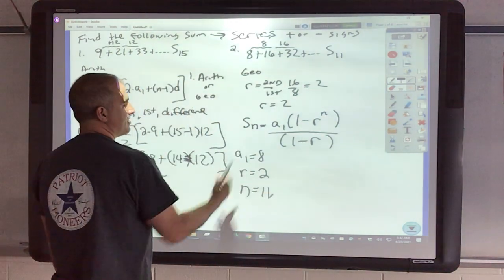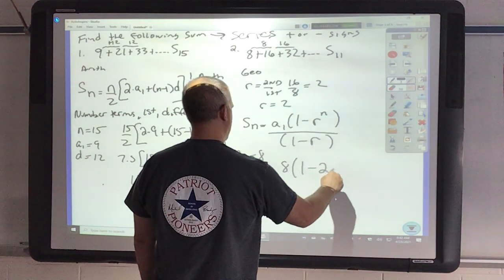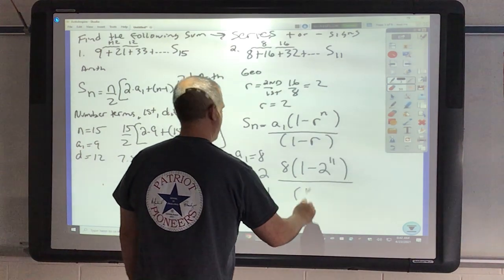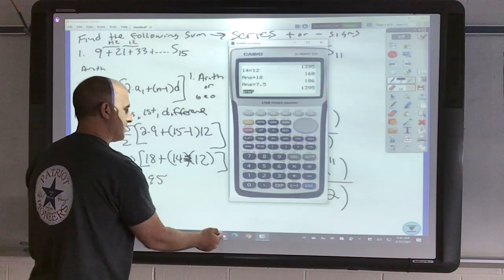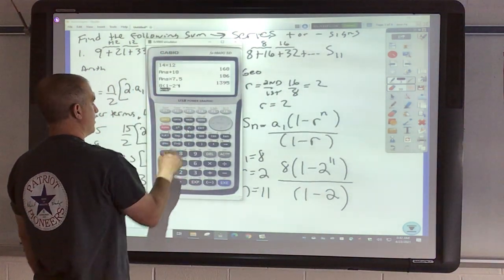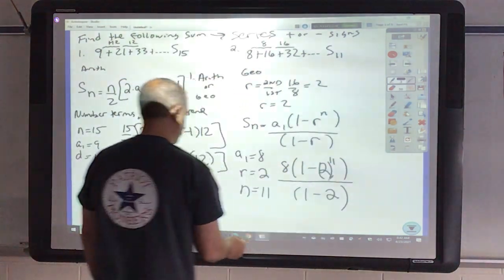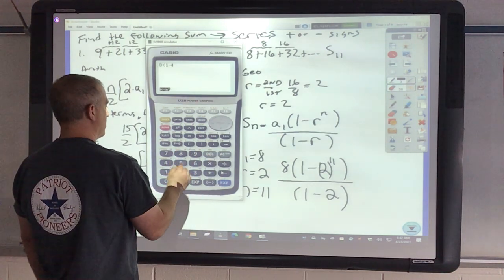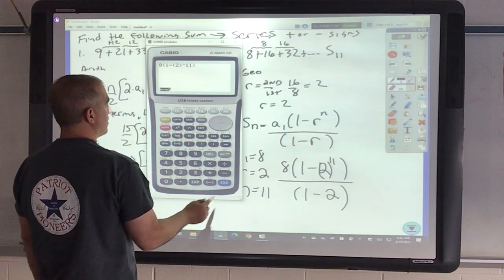So that's actually pretty simple. I do 8 times 1 minus 2 to the 11th power, over 1 minus 2. What I would do first is figure out the numerator, then the denominator. Make sure you put your r in parentheses.